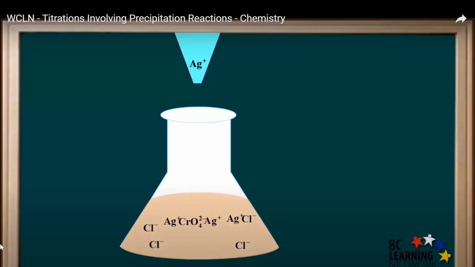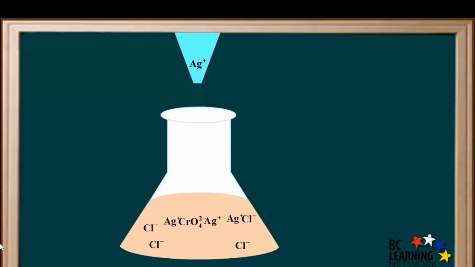As the flask is shaken, the silver ions will leave the chromate ion and bond with available chloride ions, and the reddish color will go away. The solution will turn red momentarily as more silver is added, but as long as chloride is still present, shaking the flask will make the red color disappear.